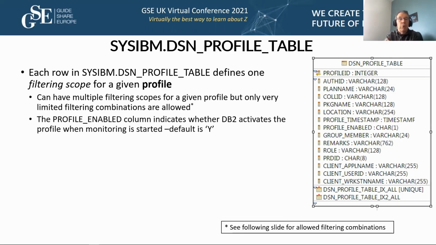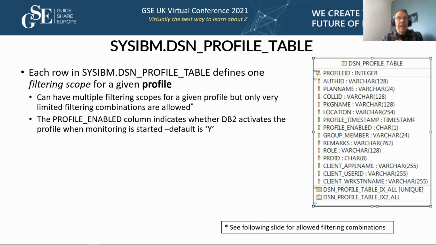Now, the next important point, let me talk a little bit about the profile ID. When you issue the start profile command, there are no options on there to tell you which profile ID to start. You either start profile monitoring or you stop it.